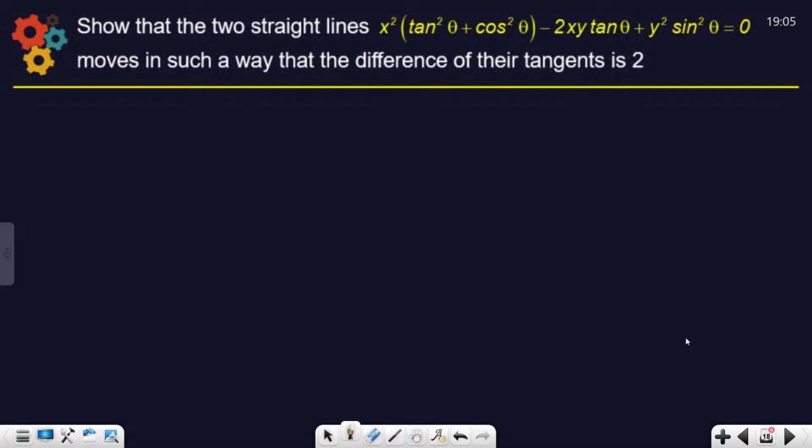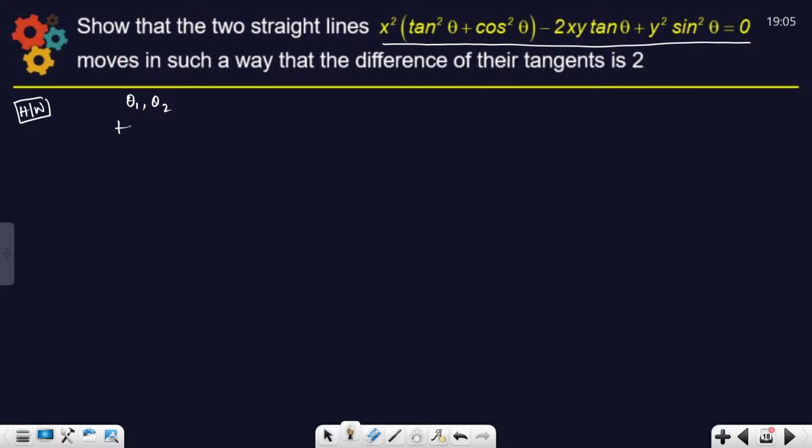Okay. Now see this question. The question is, show that... this will also be your homework for the next class. See, what is the question? Show that the two straight lines, this is again a homogeneous equation of degree 2, so it represents a pair of straight lines passing through the origin. So two straight lines mean it has two slopes. Let us say the inclination angles be θ1 and θ2 for these two lines.